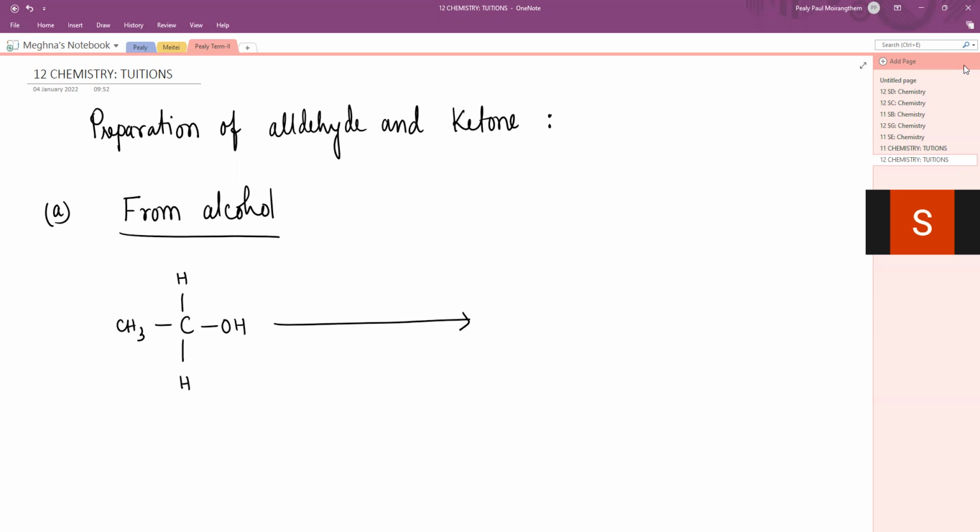Primary alcohol. Now, from a primary alcohol I have to get an aldehyde. Could you remember which oxidizing agent I have to use, strong or mild? So which oxidizing agent am I supposed to use, strong or weak?